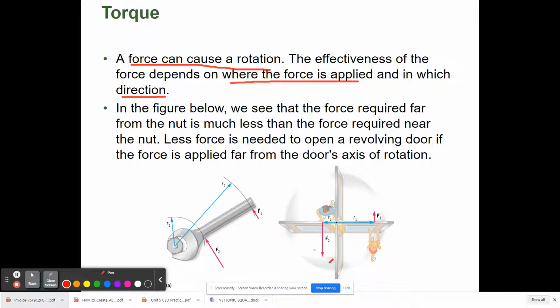For example, if you look at this revolving door, or if you think about tightening a nut with a wrench, you have to apply much less force when you're applying that force farther down the handle of the wrench than if you were to apply it closer to the nut. Again, less force is needed to push this revolving door if I go to the outside of the door as compared to closer to the handle or closer to the axis of rotation. So that's what you need to get from that.